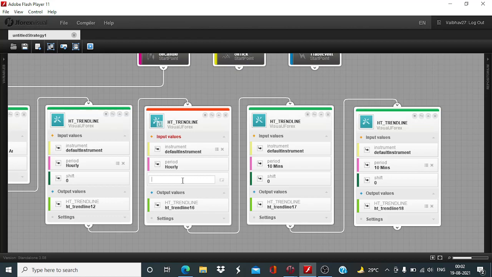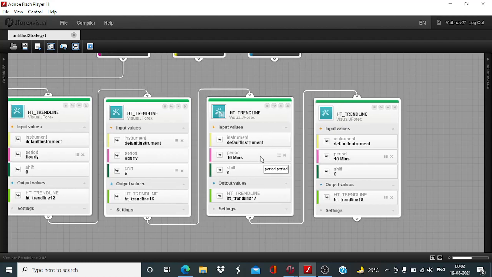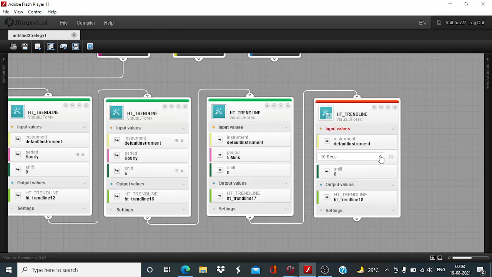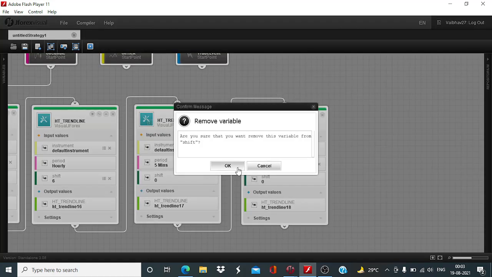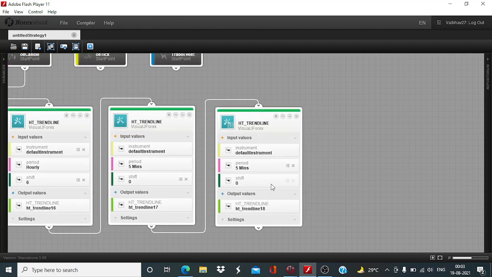Shift value will be 6 for this block, and this 2 will be changed to 5 minutes each. Shift value will remain 0. I think no need to change.